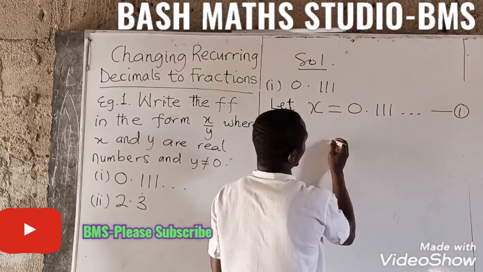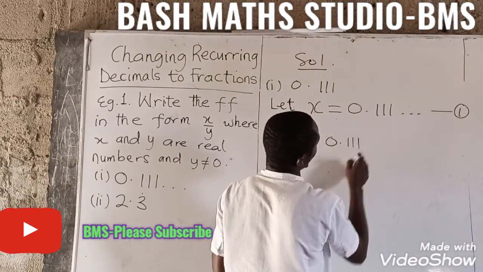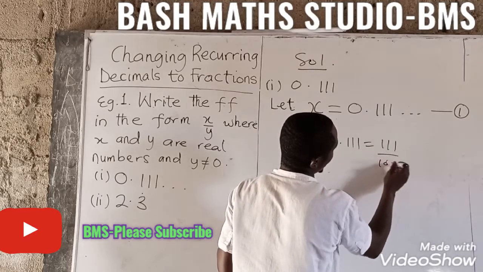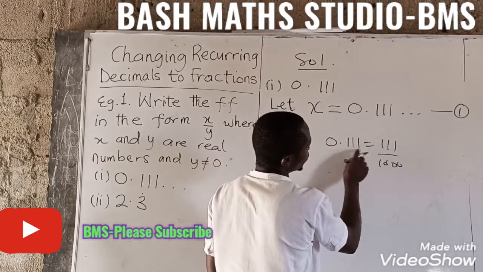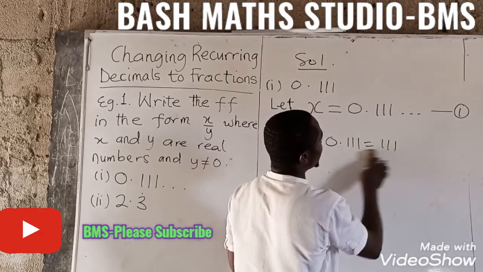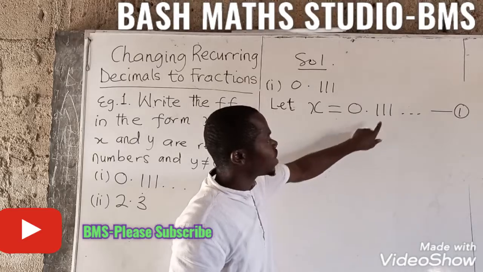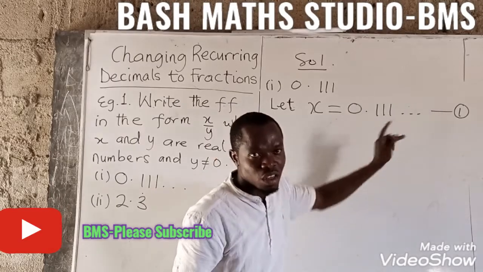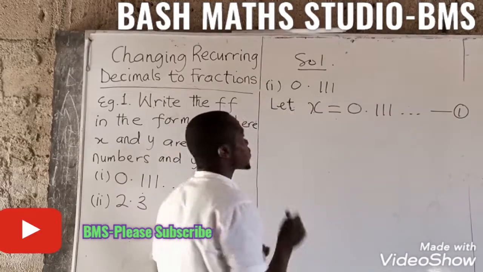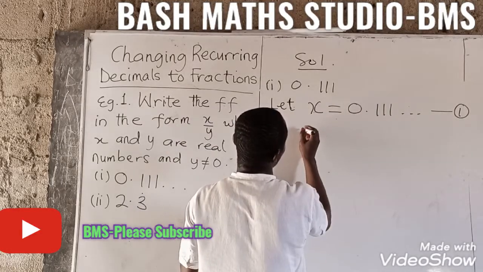Someone might say 0.111 will be equal to 111 divided by 1,000, because the digits here are 1, 2, 3. That is not the case, because in repeating or recurring decimals, the 1 is seen as the same thing, just that it is recurring. So we see it as just 1, and we multiply by 10.